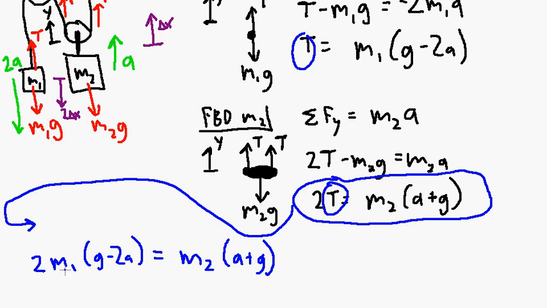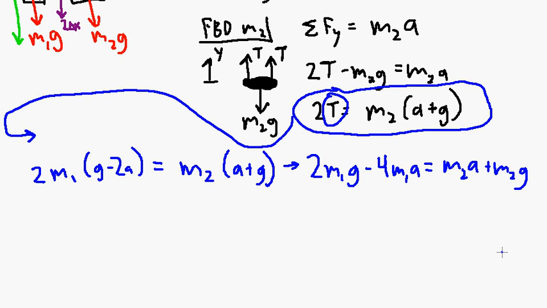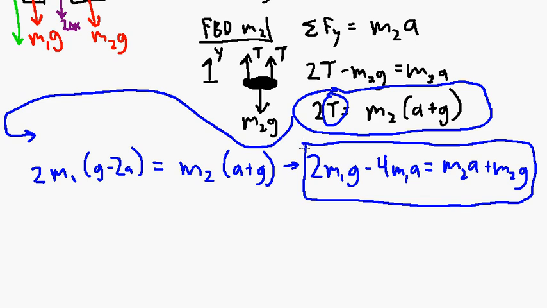Okay, so let's just expand it out: 2 M1G minus 4 M1A equals M2A plus M2G. And scrolling down one more, so we have this equation here. That's not an answer, I'm just boxing it so I know what's going where.